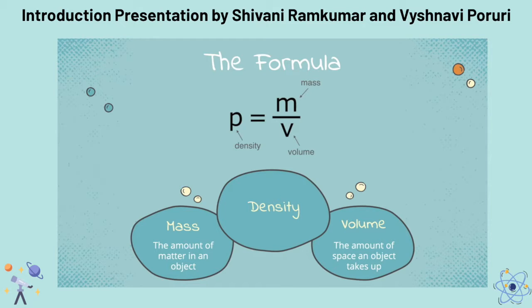Think about mass as a ball of clay. When you add more clay or matter, the mass of the ball of clay increases, and when you take out some of the clay, the mass of the ball decreases. Volume is the amount of space an object takes up. So for example, the amount of water inside your water bottle takes up a certain amount of space.